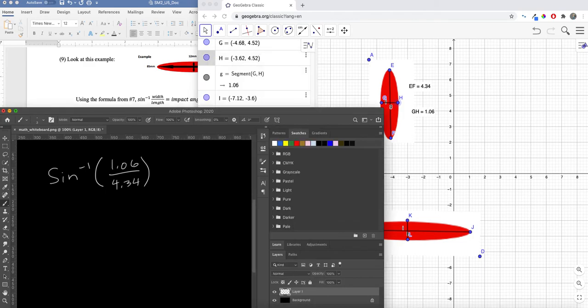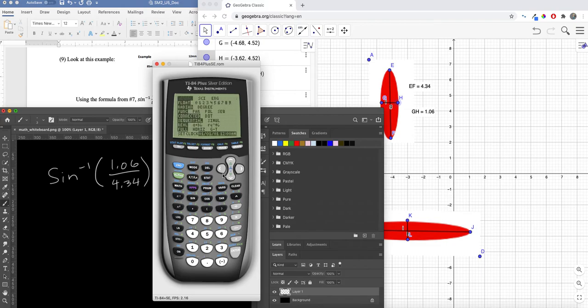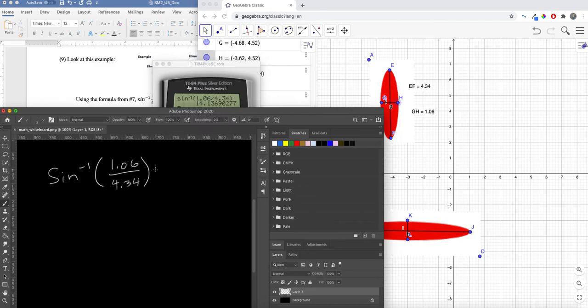My calculator's frozen, so let me try that again. All right, so we want to go to mode, make sure we're in degrees. Then we go second sine, 1.06 divided by 4.34, and that tells us it's 14.1 degrees.